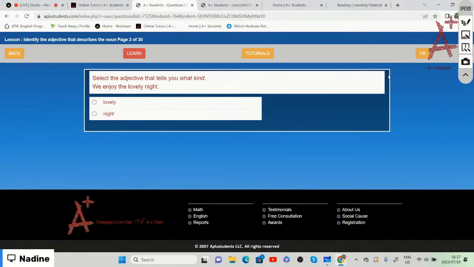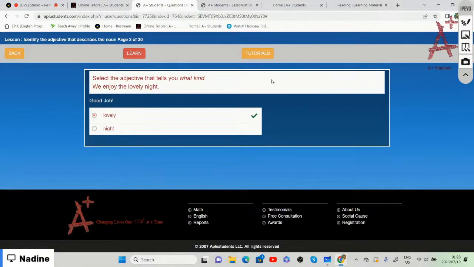We need to choose the adjective within that sentence that tells us what kind. All right, so if we choose the adjective that tells us what kind, then we can choose lovely, because lovely is the adjective that describes the noun, which is night.